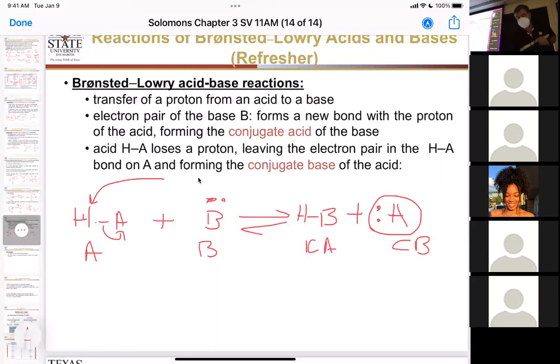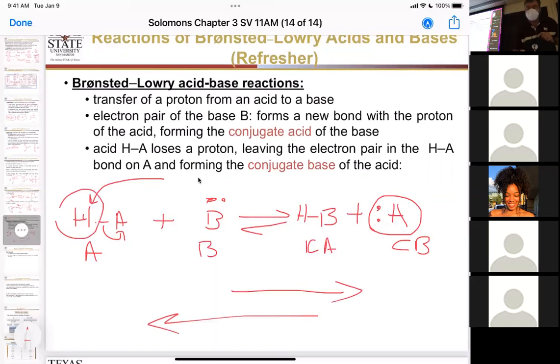So acid strength is about how far it's shifted this way or that way. Acid strength is how much do you want to give away this hydrogen. If you want to give away that hydrogen and not get it back, you're a strong acid. If you want to give that hydrogen away and want it back half the time, you're a weaker acid because you want to pull that back, okay?